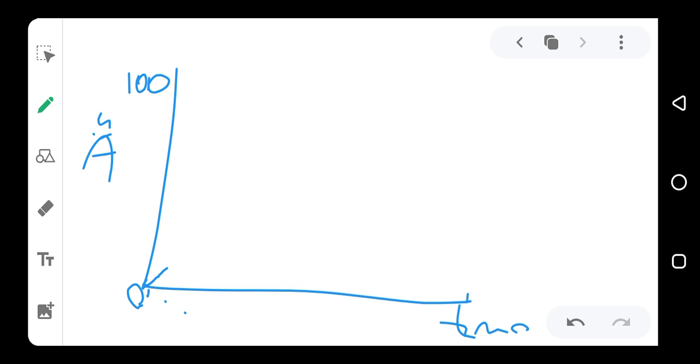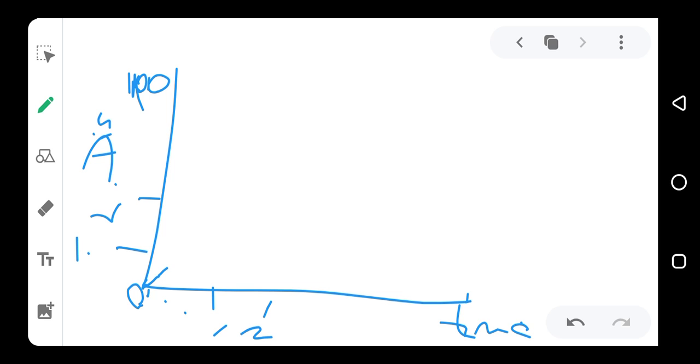Let me consider velocity first. Now, as the distance is changing, this is 1 second, this one is 2 seconds. This one is 1 meter, this one is 2 meters.